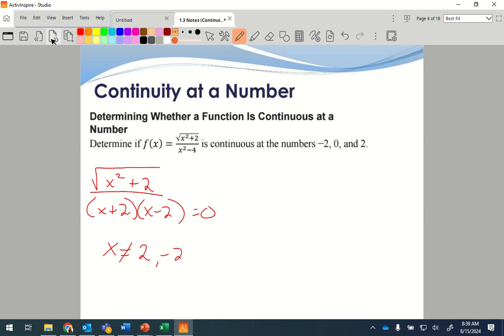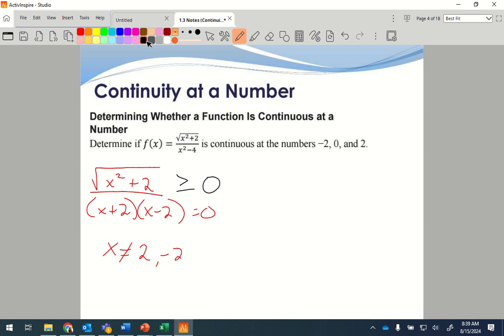No. I can plug in a whole bunch of numbers, but I cannot plug in anything that would make it less than 0. So my restriction on this is going to look slightly different. I'm going to say that the inside of this, all this here, has to be greater than or equal to 0. Because can my radical equal 0? Can I have the square root of 0? Okay, so I can have the square root of 0.